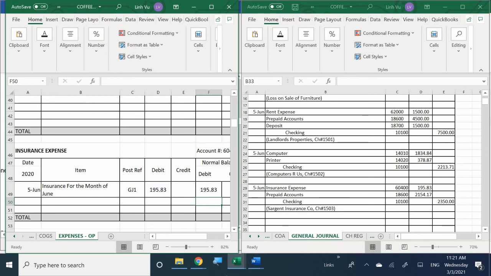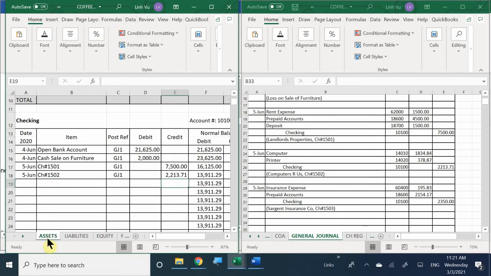Next thing that we have is a prepaid account, which, as we talked about before, is an other asset because it's an intangible asset, right? We bought insurance. Can you physically touch insurance? You can touch the insurance card, but you can't really touch insurance because it's intangible, right?